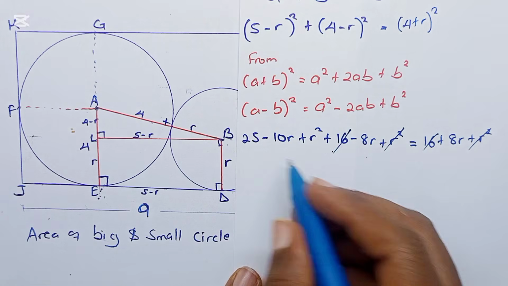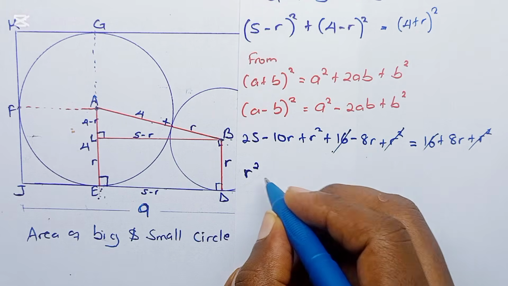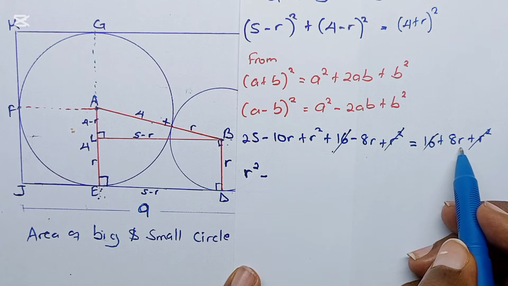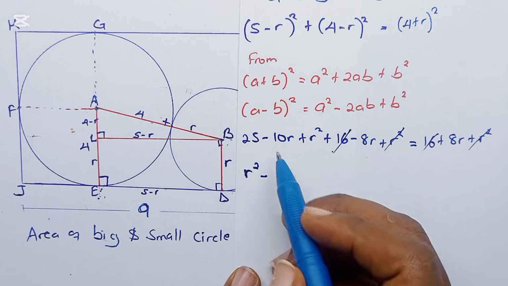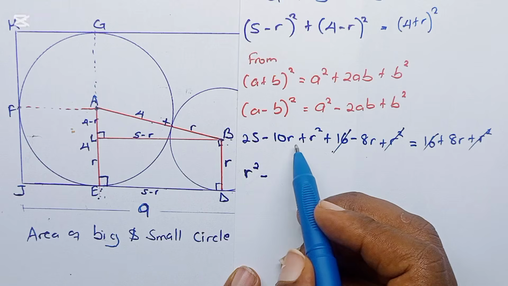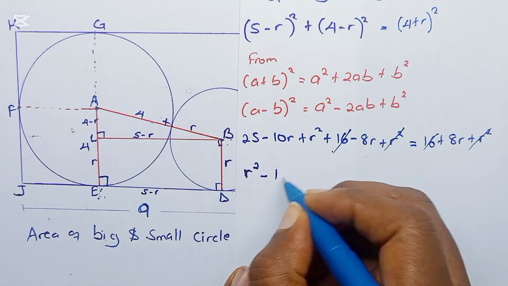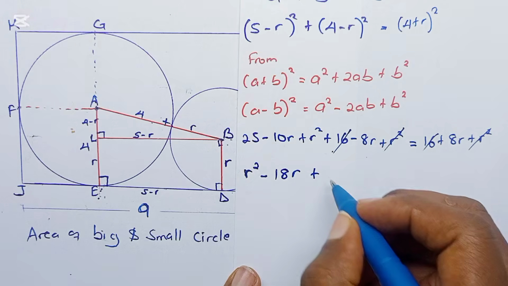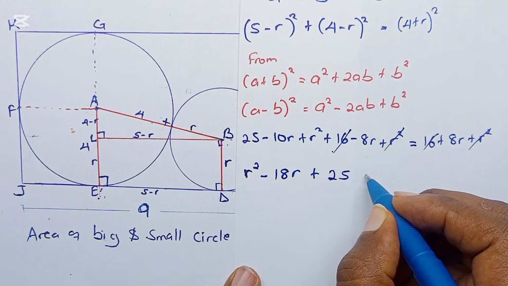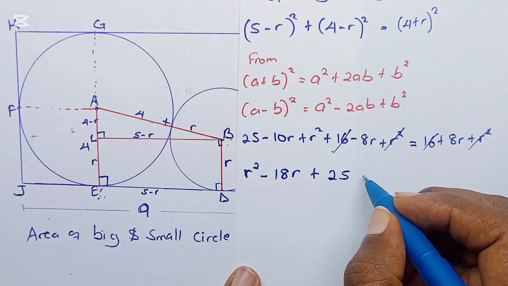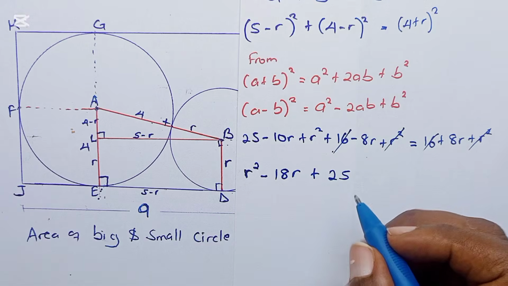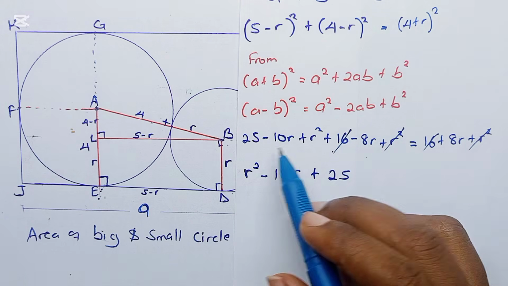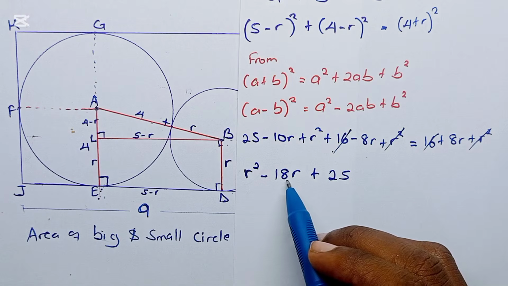So if I rearrange, I'll have R squared minus, so if this 8R comes this side, you shall have minus 10R minus 8R, which gives us minus 18R, then plus 25. If you add those two, you get minus 18R.